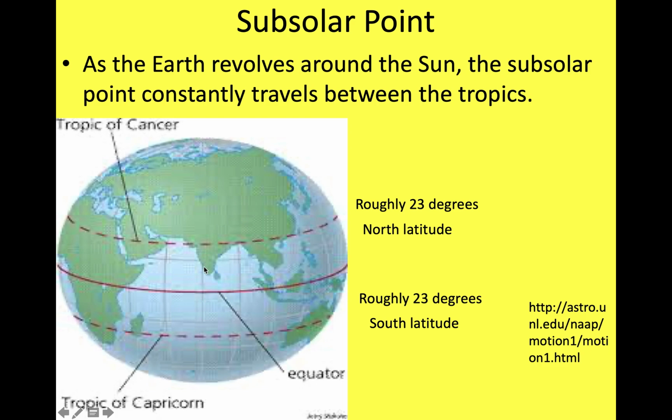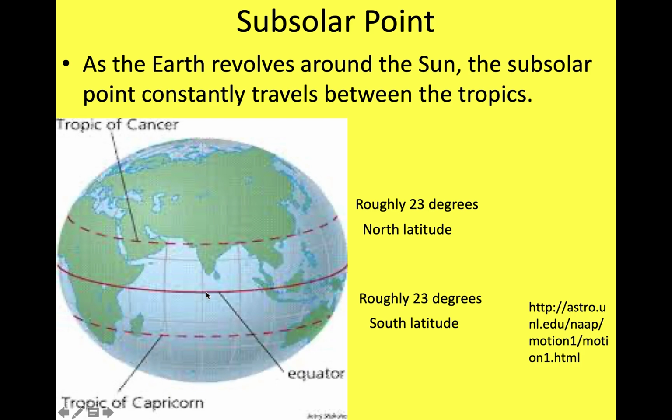So, in spring, for the northern hemisphere, the subsolar point is at the equator, and throughout the spring, it moves northward until on the first day of summer, it's on the Tropic of Cancer. Then as the summer progresses and we're moving back towards fall, the subsolar point travels back to the equator.